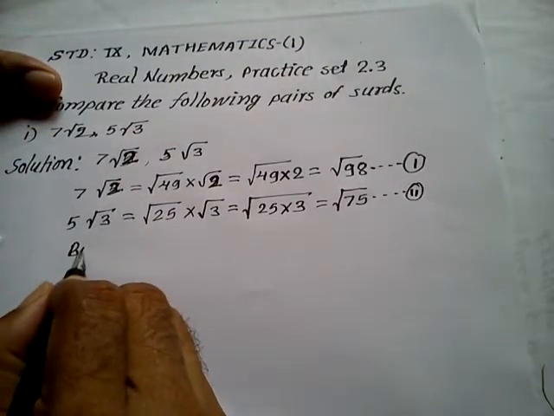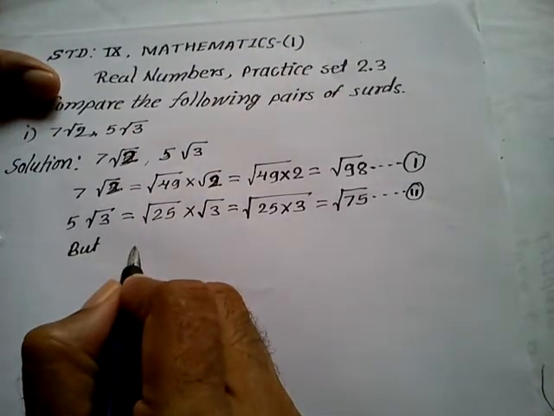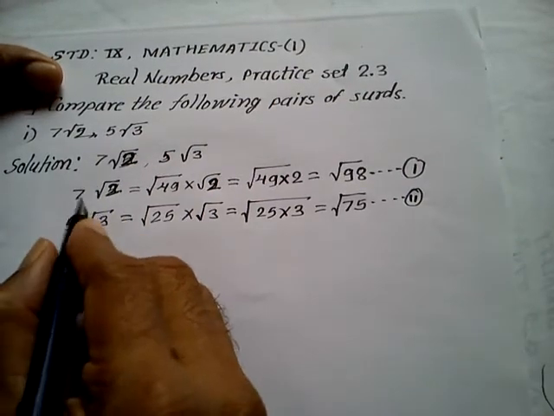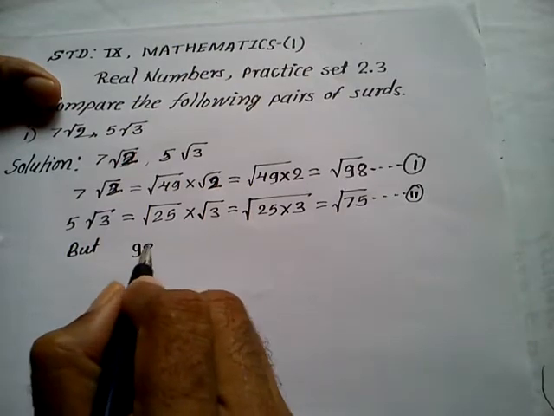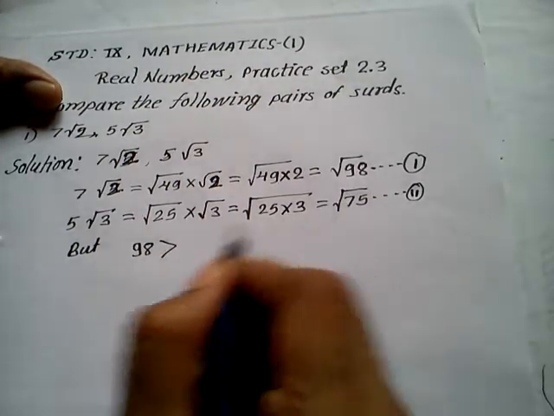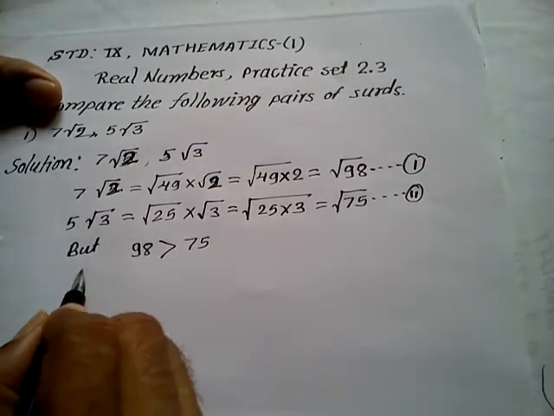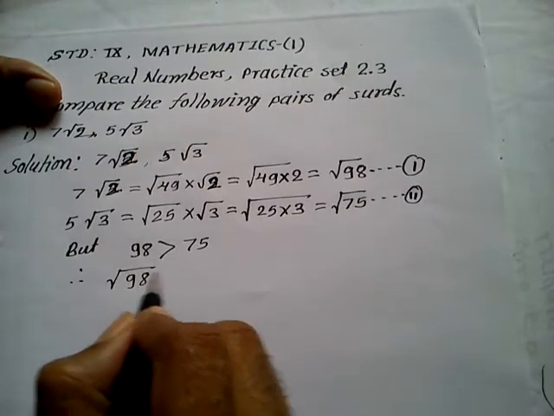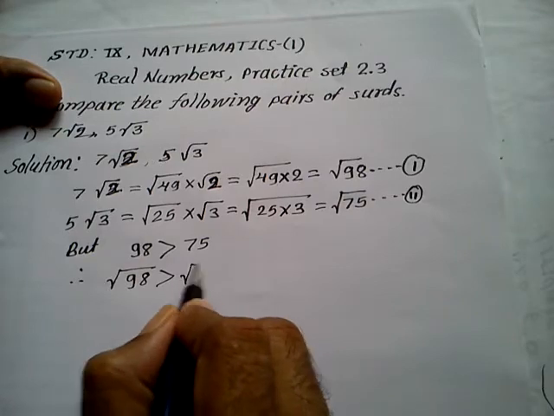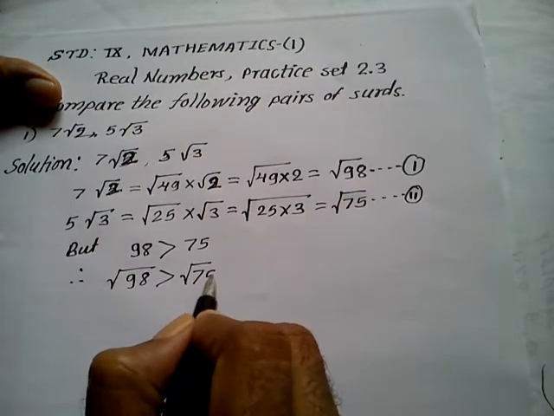But 98, the first number, what is that? Root 98. 98 is greater than 75. So taking square roots, 98 greater than 75.